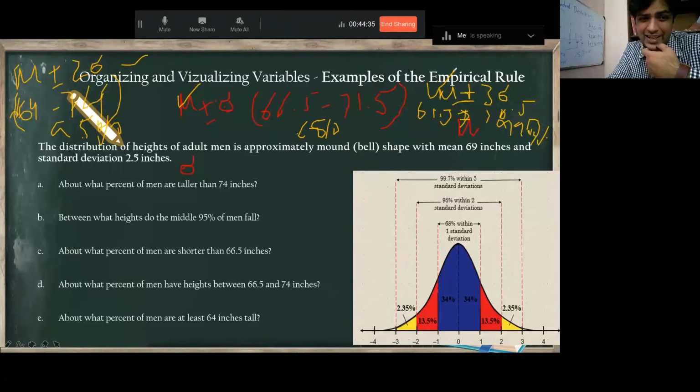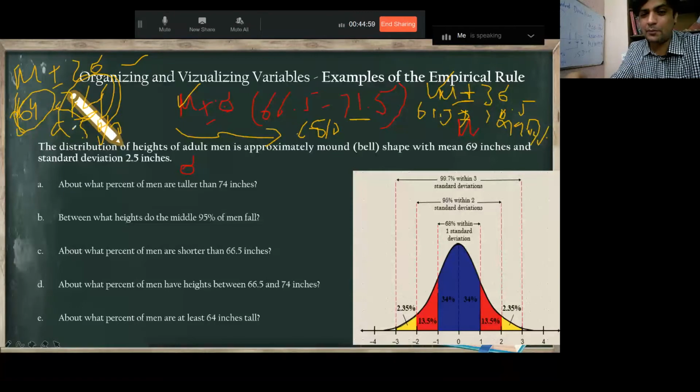He's asking what percent of men are taller than 74 inches. The 68% range is up to 71.5, but here the range is 74, so it means 95% of men have a height between 64 and 74.